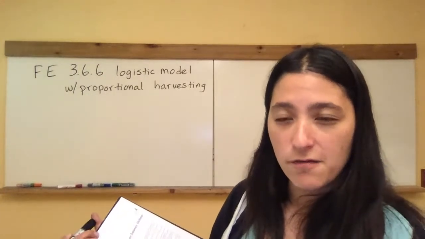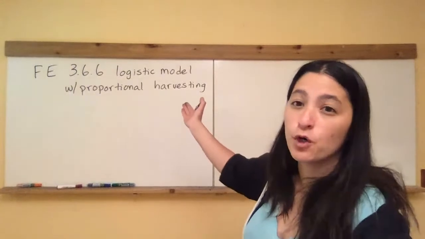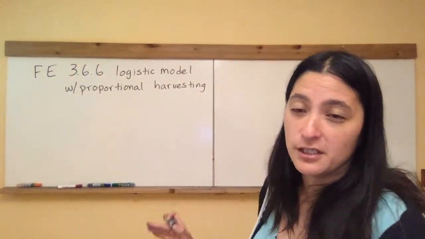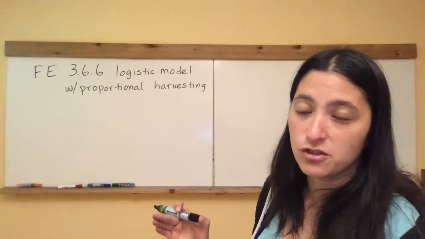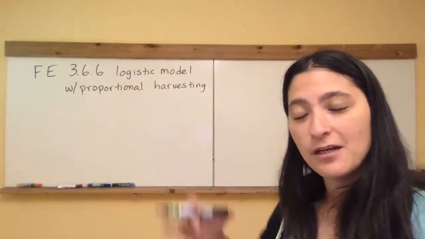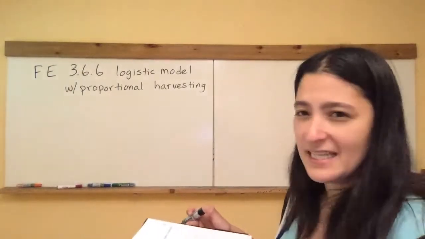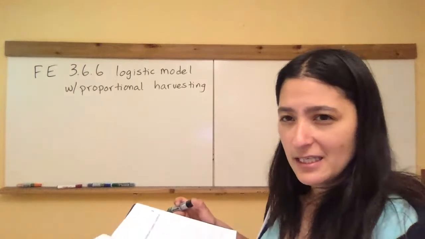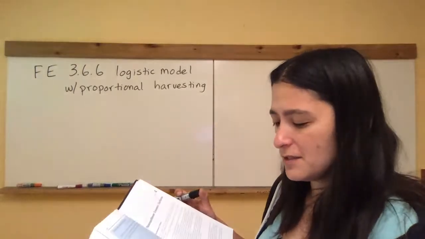What does that harvesting term look like, which I'm describing as proportional harvesting, to make sure that you see it's different than the constant harvesting that I had introduced before? Remember when I did just minus c and we were raising it and lowering it? This isn't that. It's not just a minus c, because it's not just a fixed amount of animals being harvested per year.